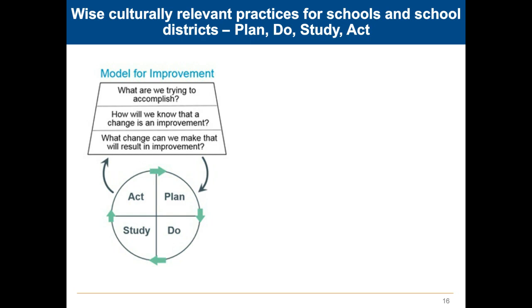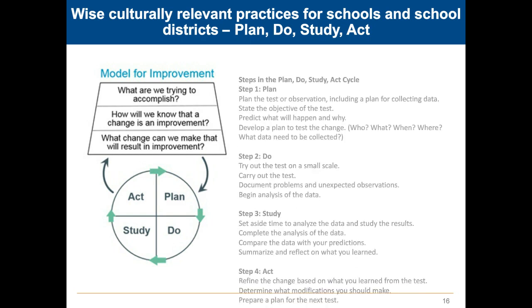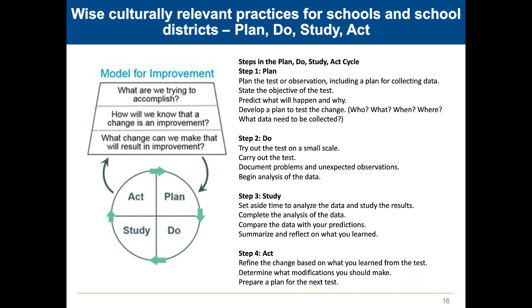As we look at this model, you see the three questions and you see the four areas that we want to work on. I want to use an example of my own district in which we are planning and starting small.